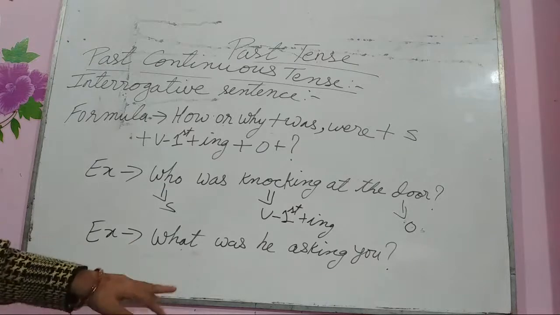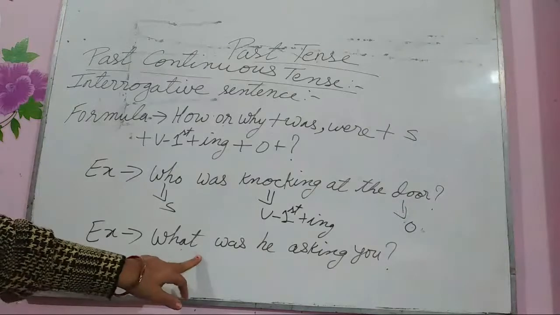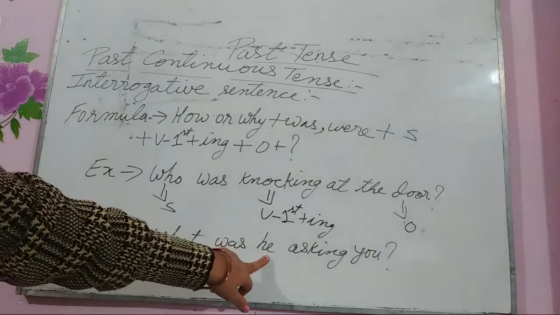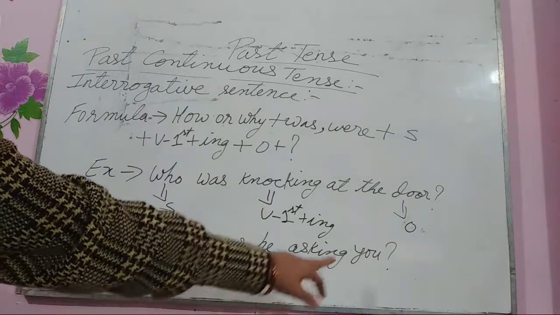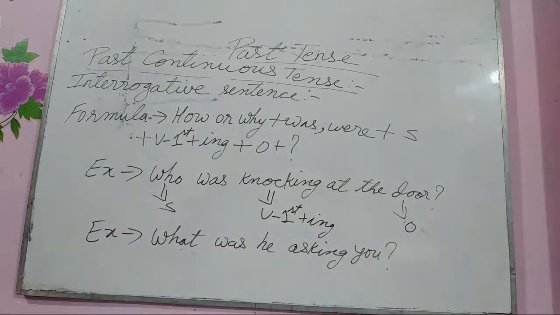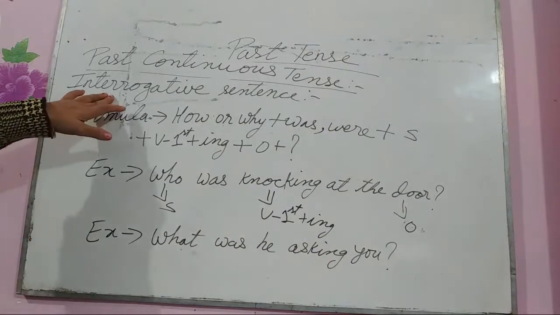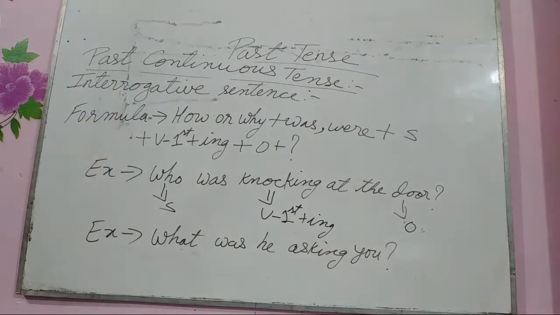As it is a question, it is starting with what. Was, he is the subject, asking is the verb of first form plus ing and you is the object. So the two examples related to interrogative sentence in past continuous tense are who was knocking at the door and what was he asking you.